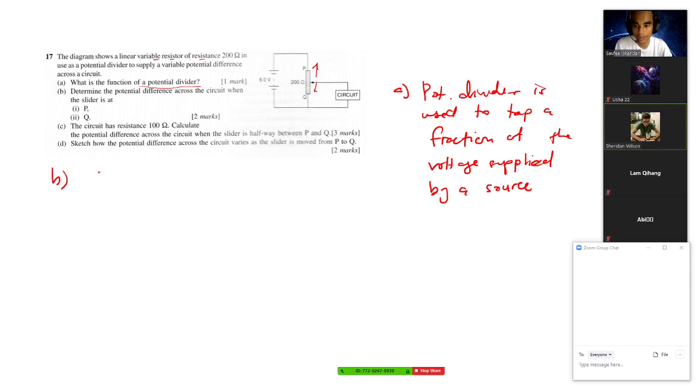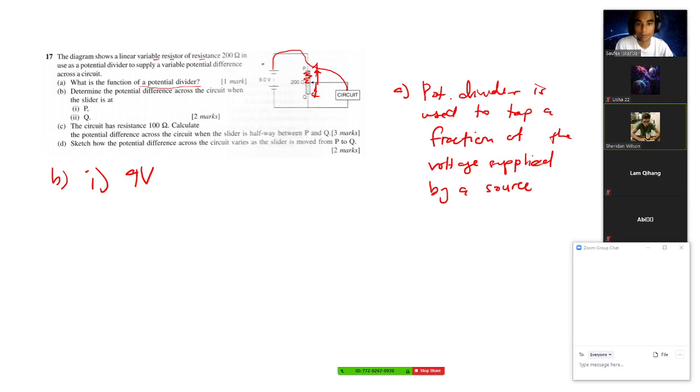B, determine the potential difference across the circuit when the slider is at P. So when it goes up to P and when it goes up to Q. When it goes to P, it goes directly to the circuit because it does not go into the coil, so you have 9 volt, right? It doesn't have any resistance, 9 volt.